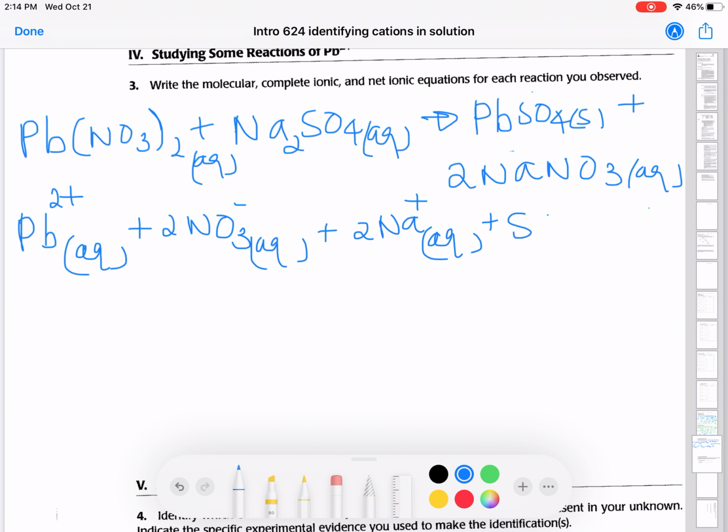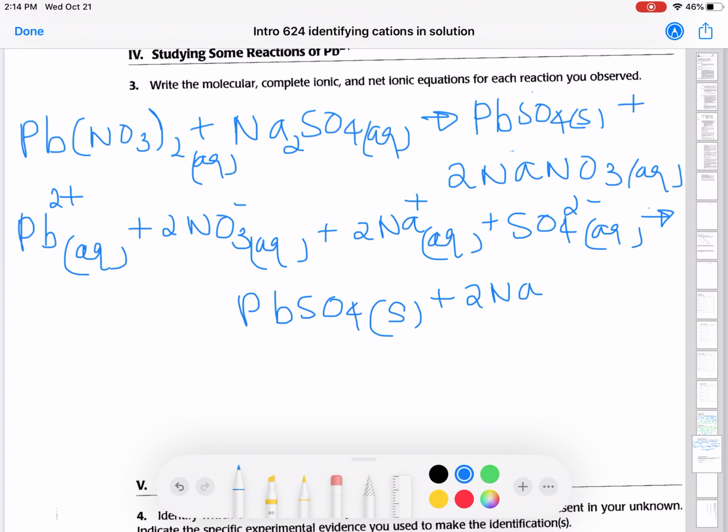And then you have sulfate SO4 2 minus aqueous, giving you the product PbSO4. Since it's a solid, you do not separate them into ions. And then sodium nitrate, since it is aqueous, you separate them into ions, plus 2 nitrate.